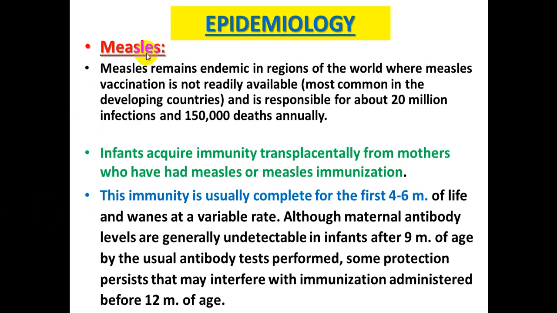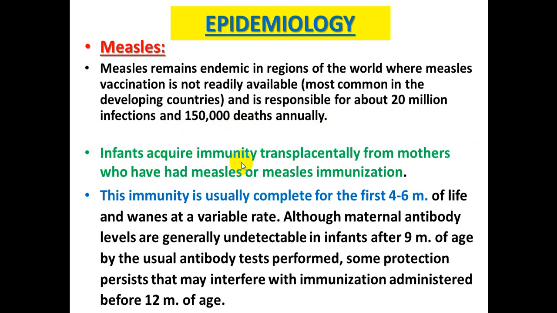Epidemiology regarding measles. Measles remains endemic in regions of the world where measles vaccine is not readily available. It is most common in developing countries, and it is responsible for about 20 million infections and about 150,000 deaths annually.